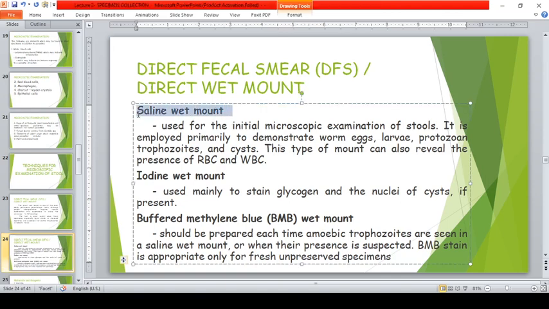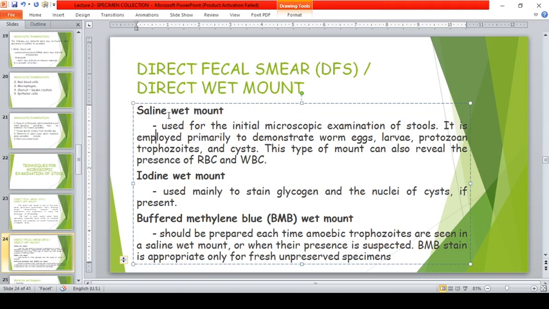Why is it preferred as saline wet mount? Because we use a saline solution that is 0.8 to 0.9% sodium chloride solution. So, anong gagawin mo sa salt?